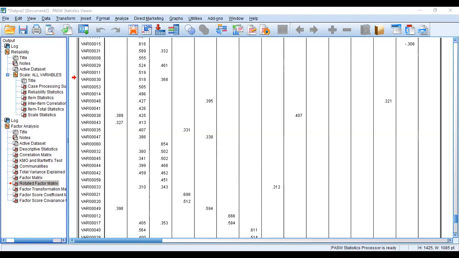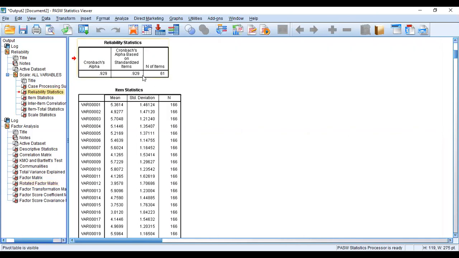Okay, I am again going back to the output sheet and reliability statistics. Let the Word file get open first.